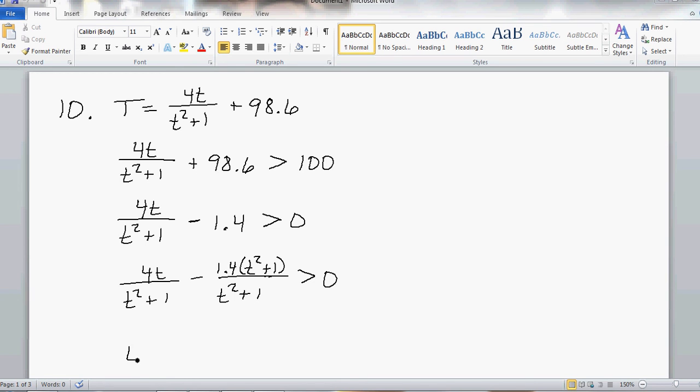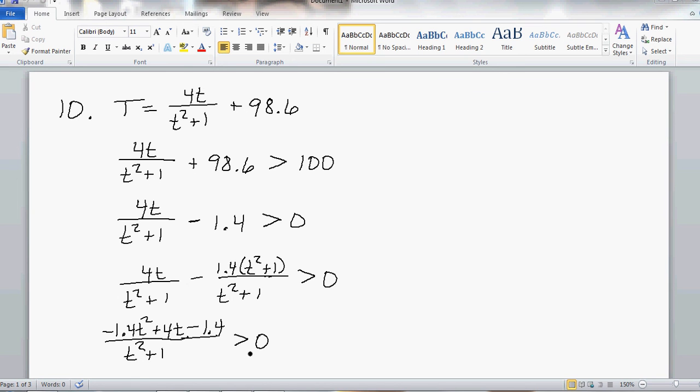And let's see, it'll be negative 1.4 t squared plus 4t minus 1 when we distribute the negative 1.4. So this is what we get, and it has to be greater than or equal to 0.